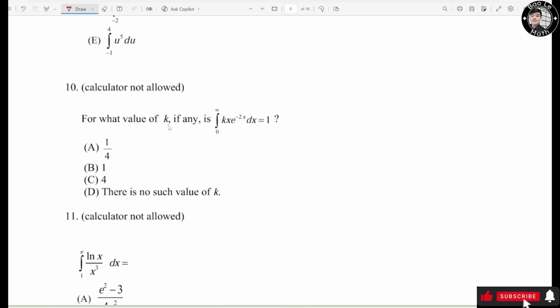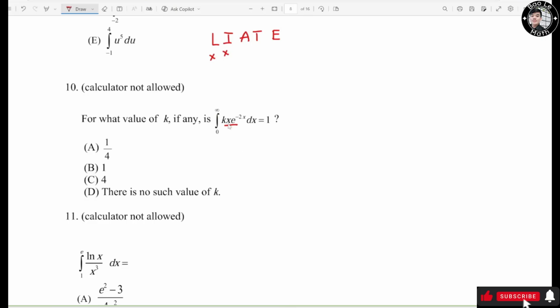Question 10. For what value of k, if any, is this guy equals 1, right? So we look at this one, we need to use the integration by parts. So remember we have L, I, A, T, E, right? Now we look at this expression over here, we don't see log, right? So we eliminate this one. We don't see the inverse trig, right? Eliminate this one.